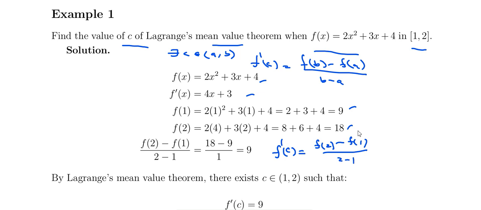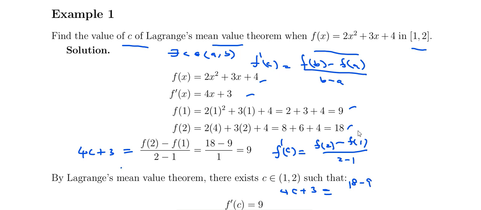So using this, 4c plus 3 equals f of 2 that is 18 minus 9, so 4c plus 3 equals 9.